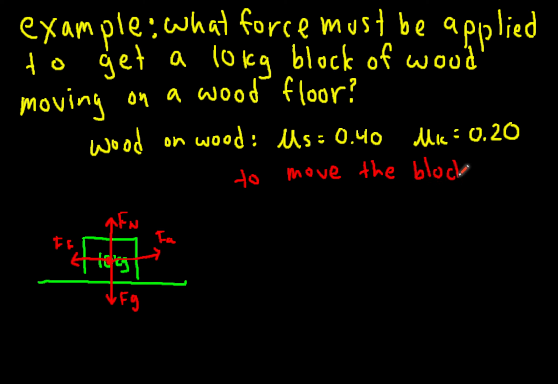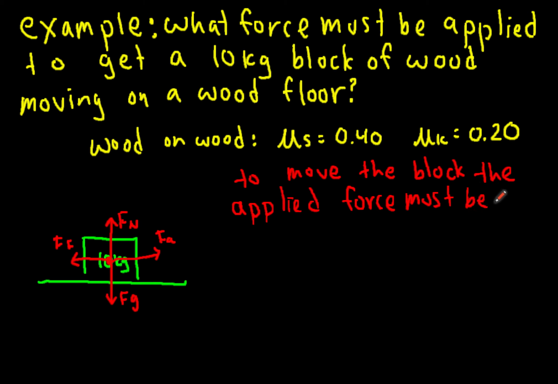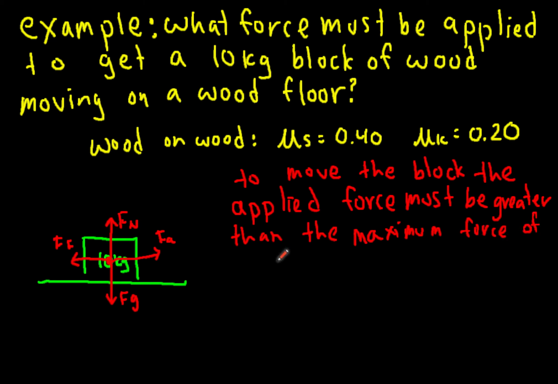To move the block, the applied force must be greater than the force of static friction. The force of static friction has a maximum value of the coefficient of static friction times the normal force. If the force can be just a little bit greater than this, it will get the object moving. So this is the minimum applied force.